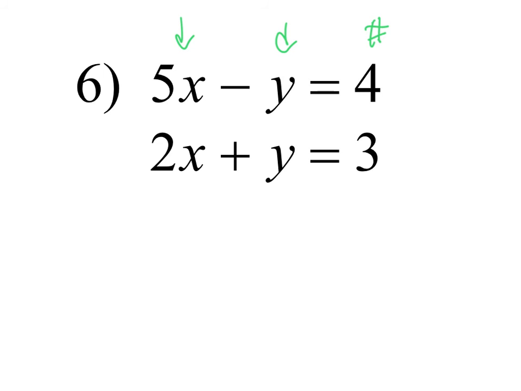Right, so we see that our y's, if we combine them, they'll cancel out. So we can just start by combining our equations. So we add our 5x plus 2x and get 7x. The y's cancel out, and then we get 4 plus 3 is 7. We divide both sides by 7, and we get x is equal to what?